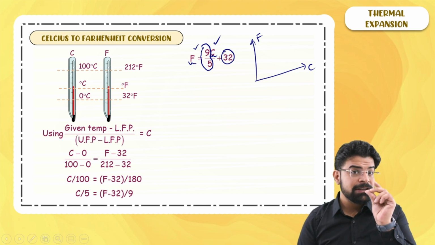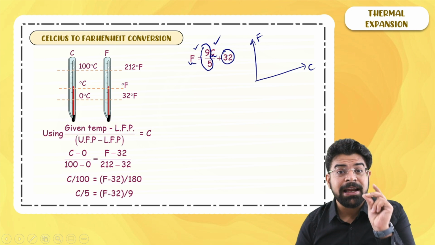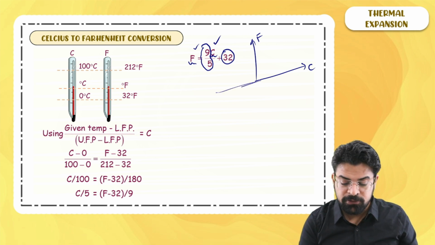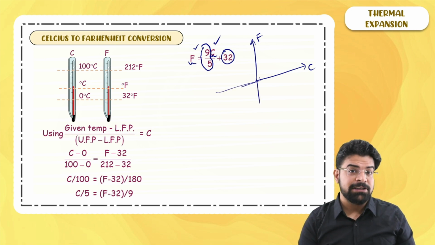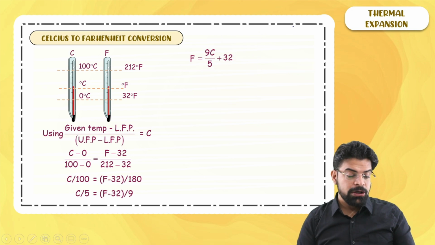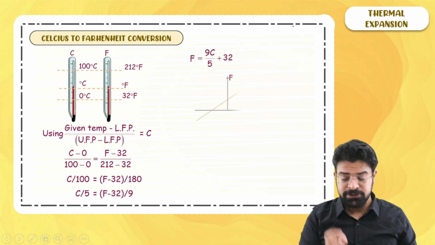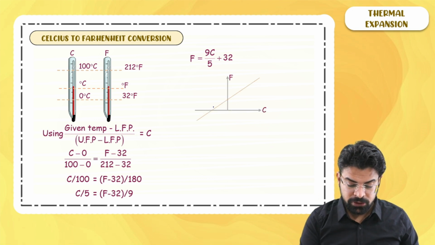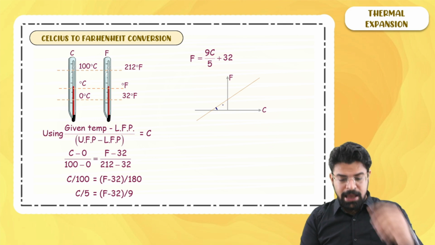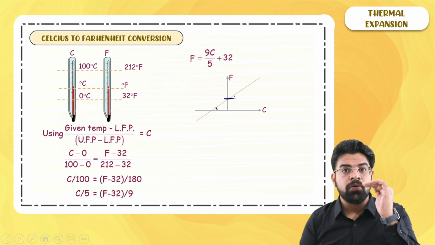So the slope is positive as well as the y-intercept is positive. If the slope of the straight line is positive as well as the y-intercept is positive, you get this type of straight line. Notice that the slope is positive as well as the y-intercept comes out to be positive.